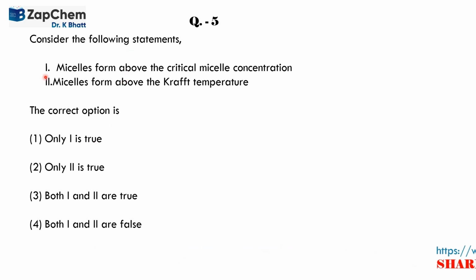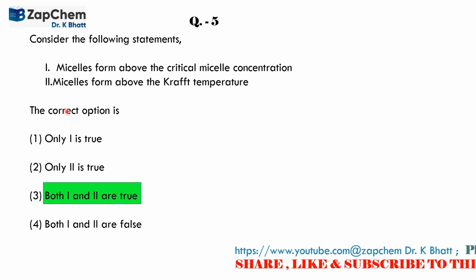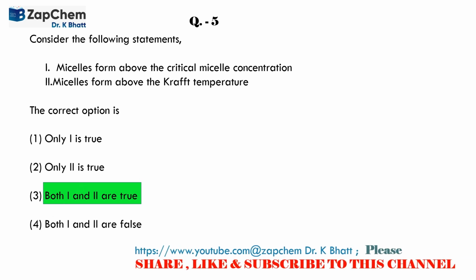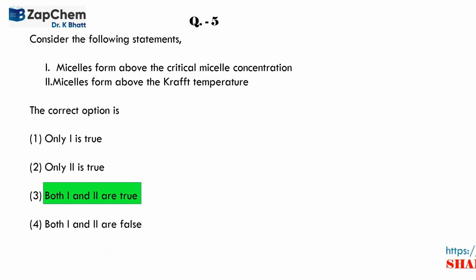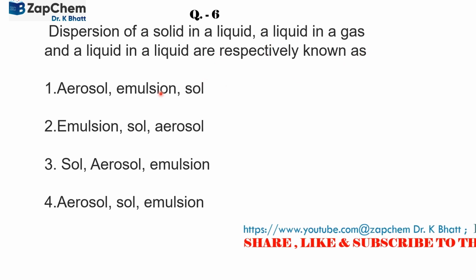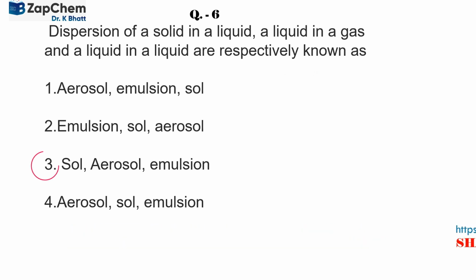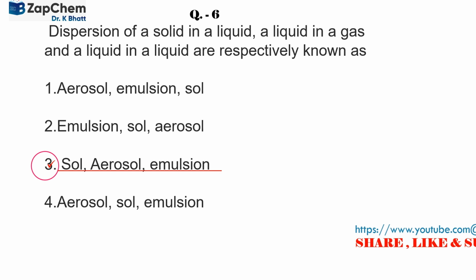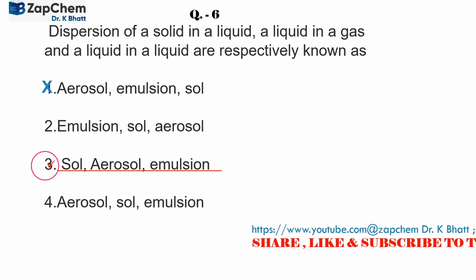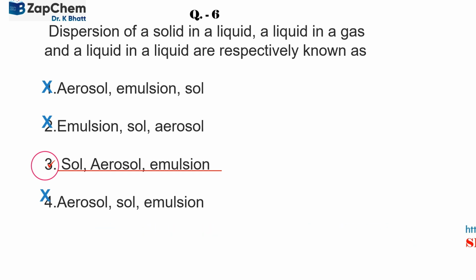The correct statement in this case is given at option 3, that is, both 1 and 2 are true. That's the right answer. Next question, dispersion of a solid in a liquid, a liquid in a gas, and a liquid in a liquid are respectively known as. The correct option is 3: sol, aerosol, and emulsion. That is the right answer. Other answers are inapplicable here.